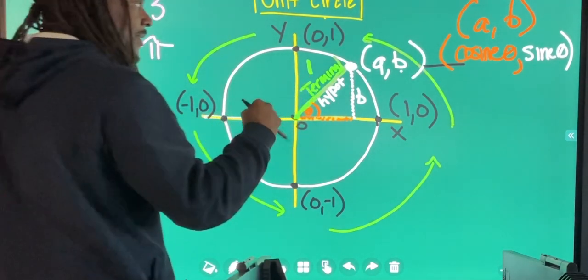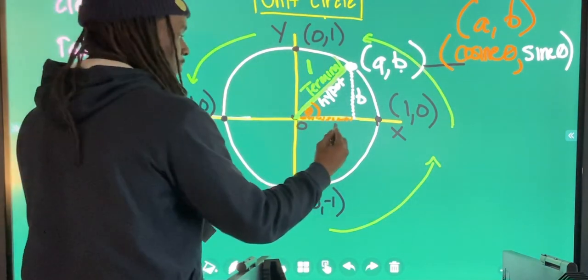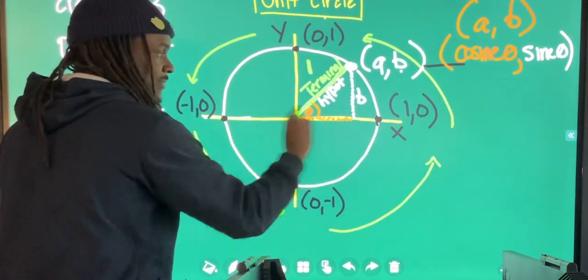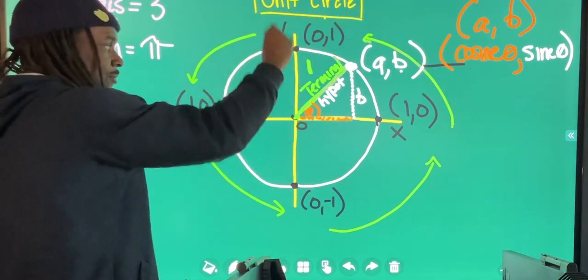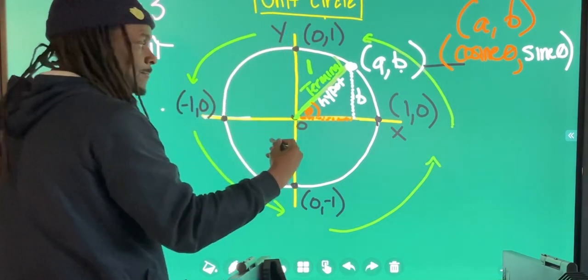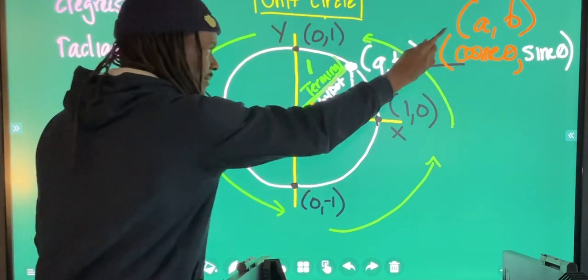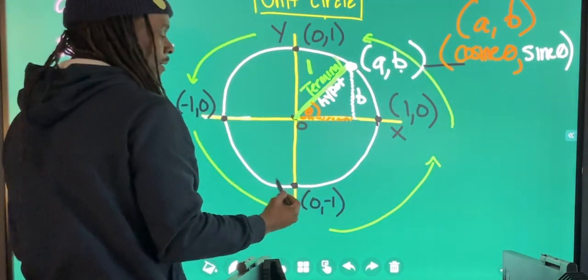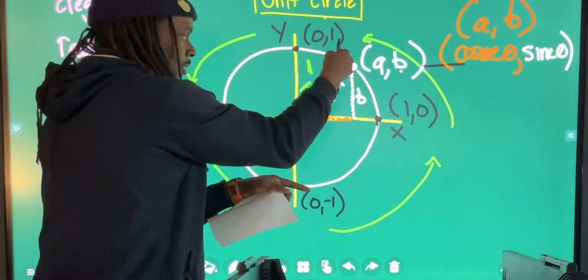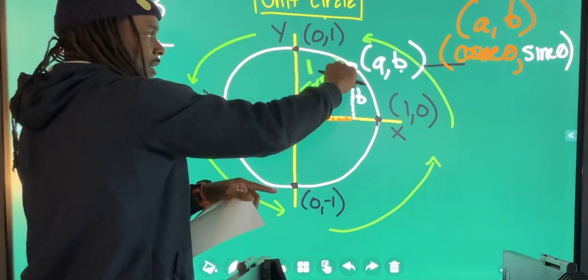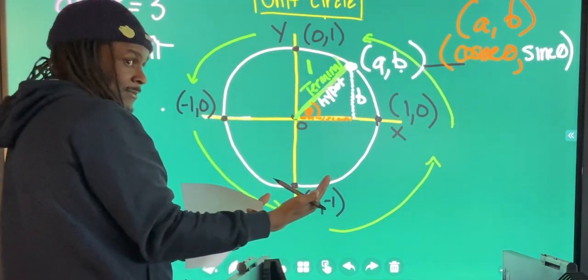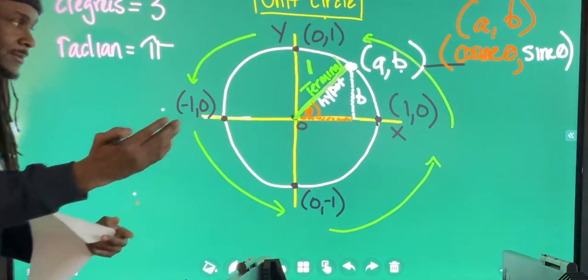Now I'm going to take you back to the beginning. Remember, x runs left and right, y runs north and south. So the x is the A and the B is the y. We made a small triangle because we know that the terminal side is our radius, and theta is like our angle.